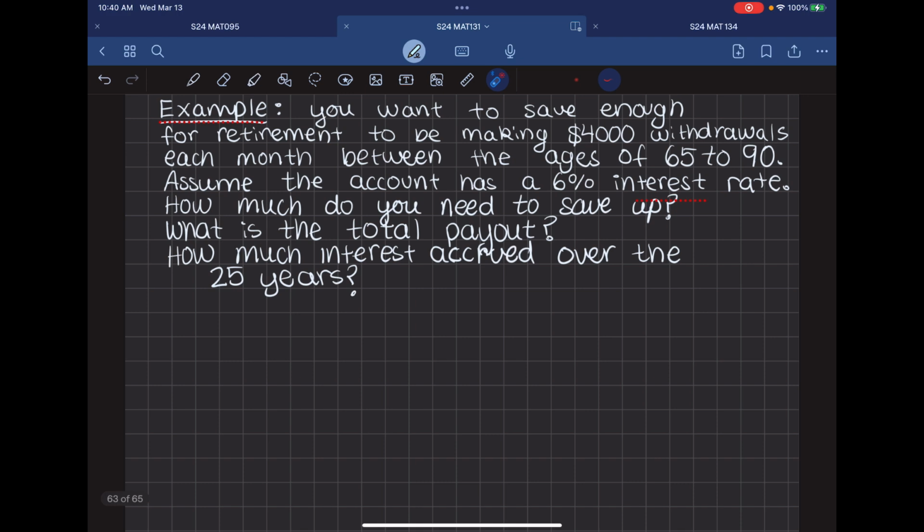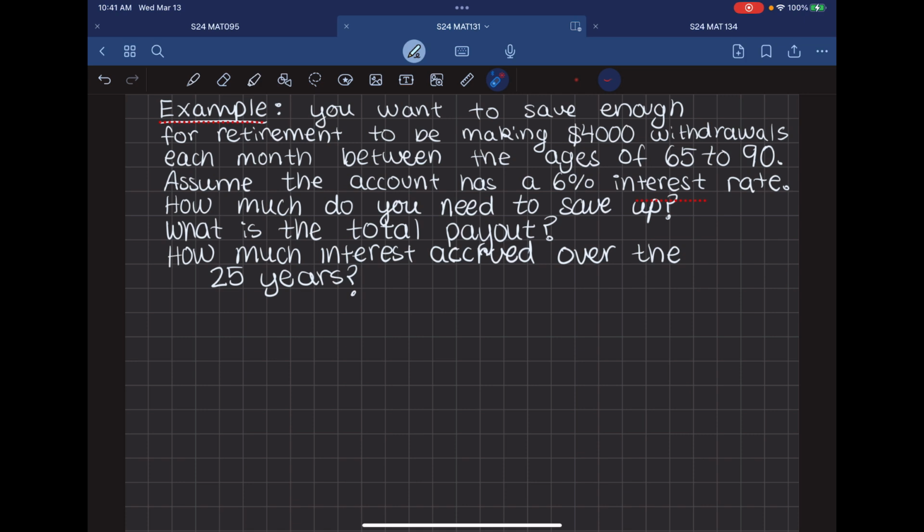But okay, so we have our first example. Suppose you want to save enough money for retirement to be making $4,000 withdrawals each month between the ages of 65 to 90. So we're assuming that by 90, that's going to be the end of us needing to have money. We're going to assume the account has a 6% interest rate.